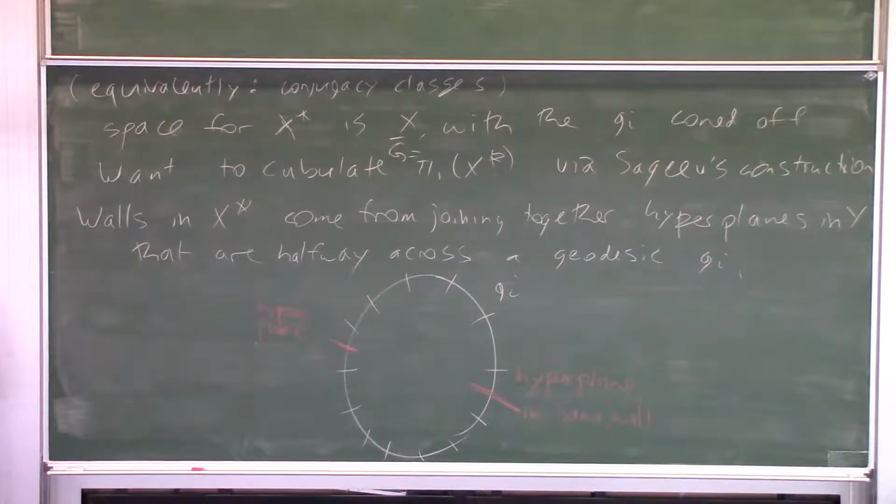So how you build a wall space, and therefore an action on a cube complex with a quotient, is more or less canonical, but we want this to have nice properties.